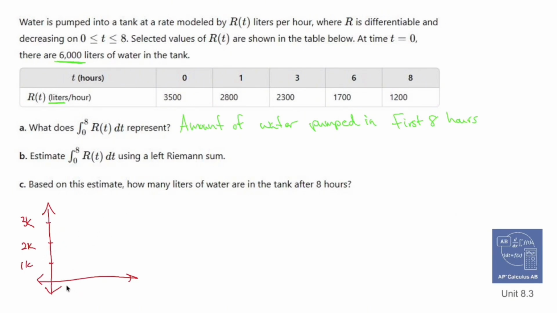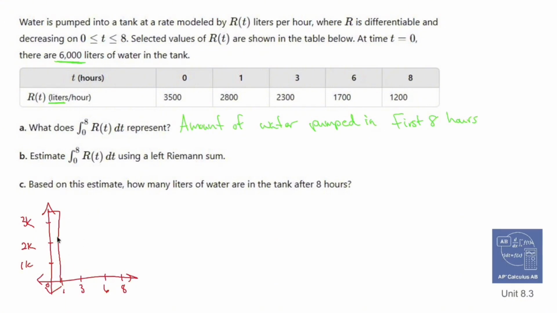I'm at 0 right here. I'm at 1. I'm at 3. I'm at 6. I'm at 8. At 1, I'm at 3K, so 3.5 right there. Now I'm using left Riemann sums, so that's why, by the way, this looks the way it looks, okay?